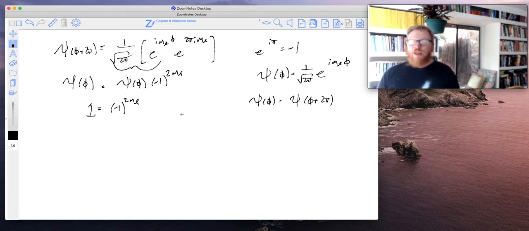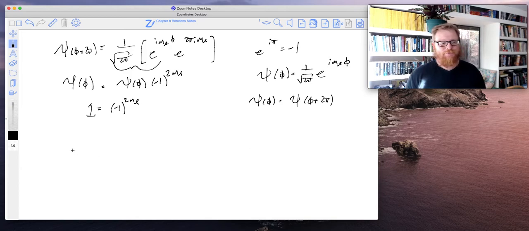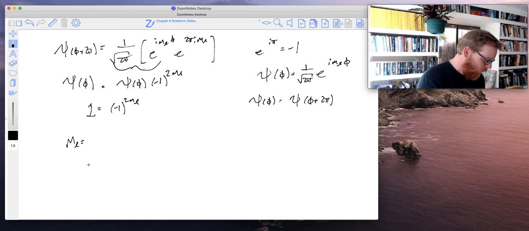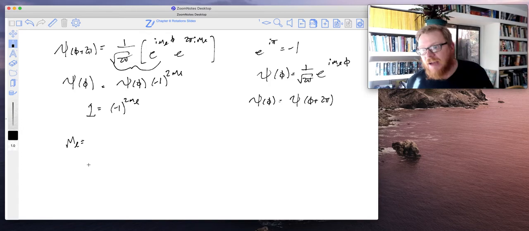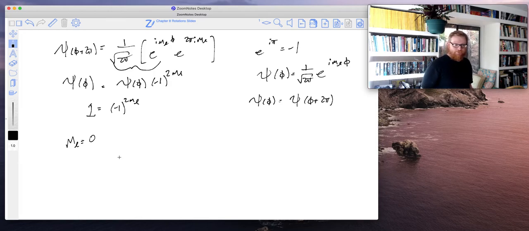So what are the values that m_l can take? Well, anything raised to the 0 power is 1. So if I take -1 and raise it to the 0 power, I get +1. So that means m_l equal to 0 is possible. Well, what if m_l was +1?